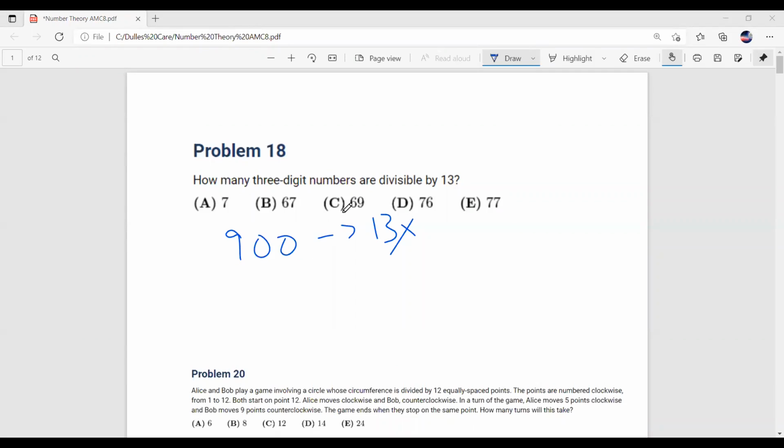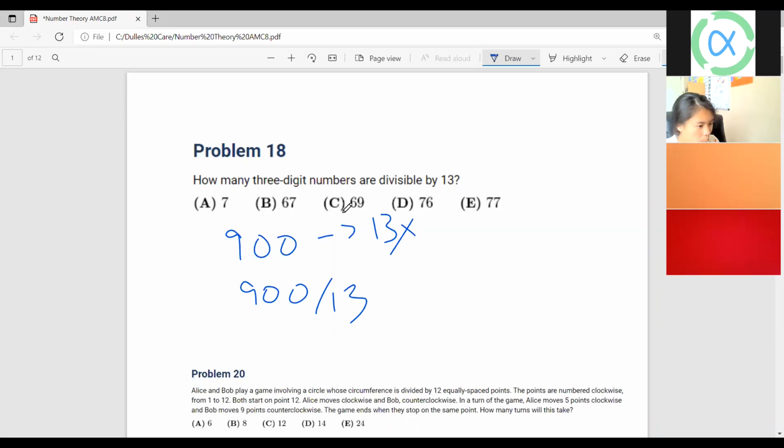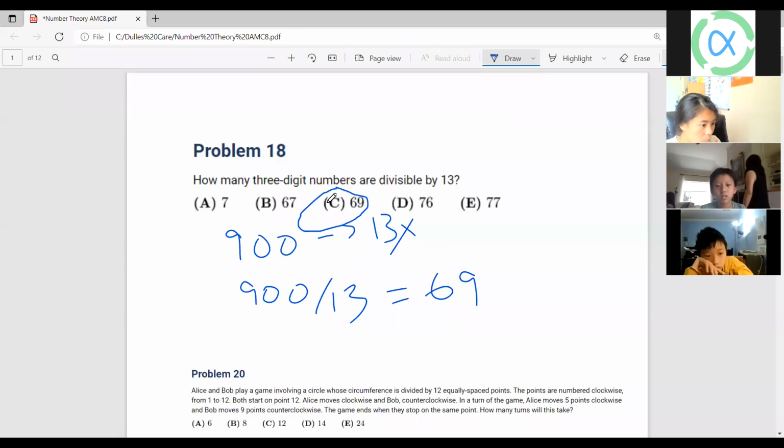And we can do that just by taking 900 over 13. If we do this, we get that this value is roughly equal to 69. So our answer would be C in that case. Does that solution make sense?